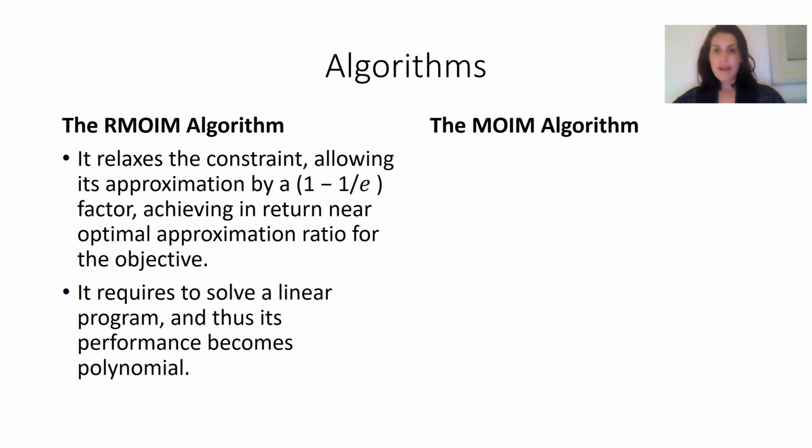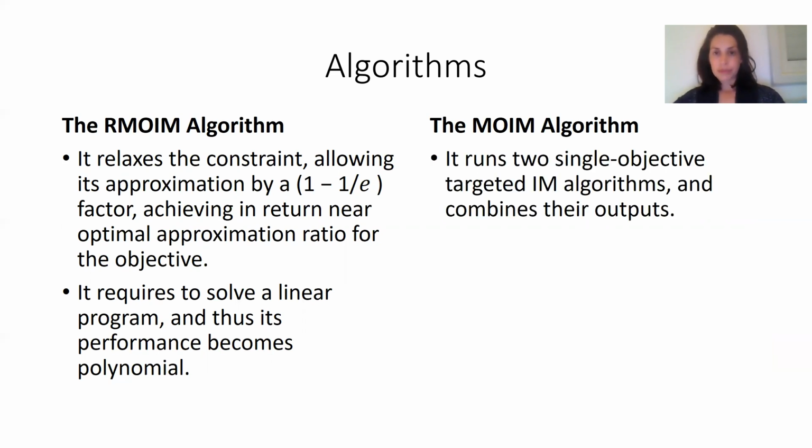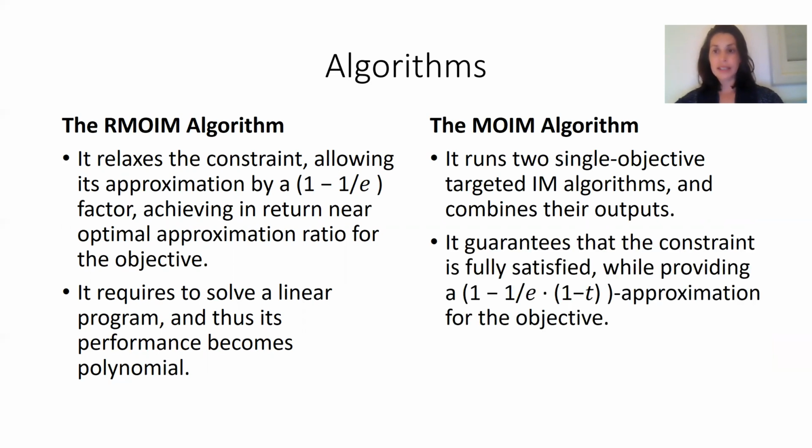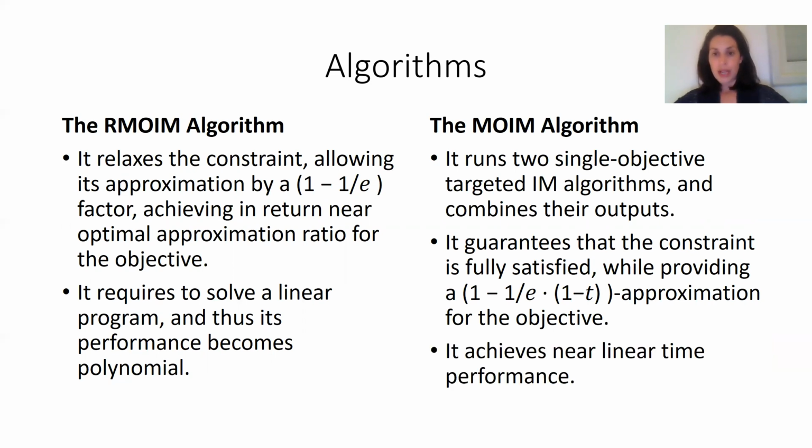We therefore also devised the MOIM algorithm, which runs two single-objective targeted IM algorithms and combines their output. It guarantees that the constraint is fully satisfied and not approximated, which comes at the cost of a lower approximation value for the objective. However, it achieves near-linear time performance, like state-of-the-art influence maximization algorithms.